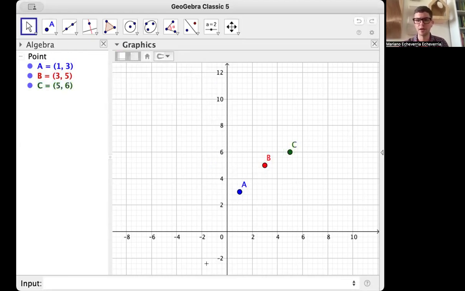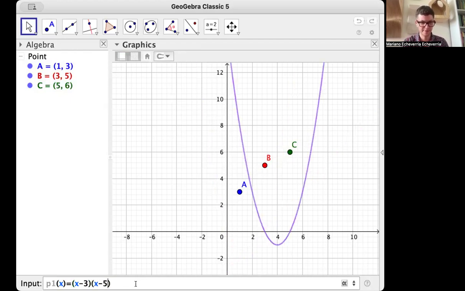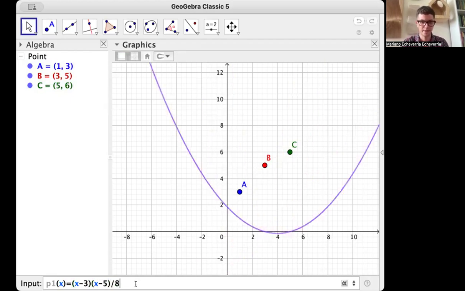For each x value, I'm constructing a polynomial that is precisely 1 at that x value and 0 everywhere else. For example, for the first one, the polynomial, let's call it fp1 of x, was x minus 3 times x minus 5 divided by 8.